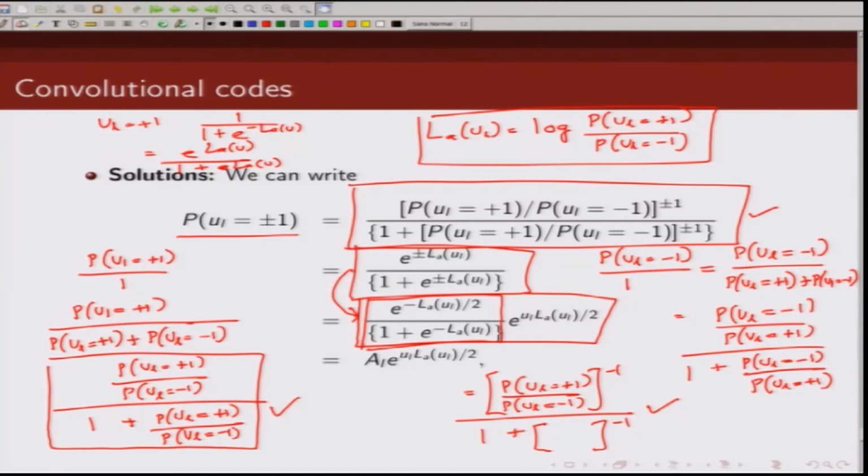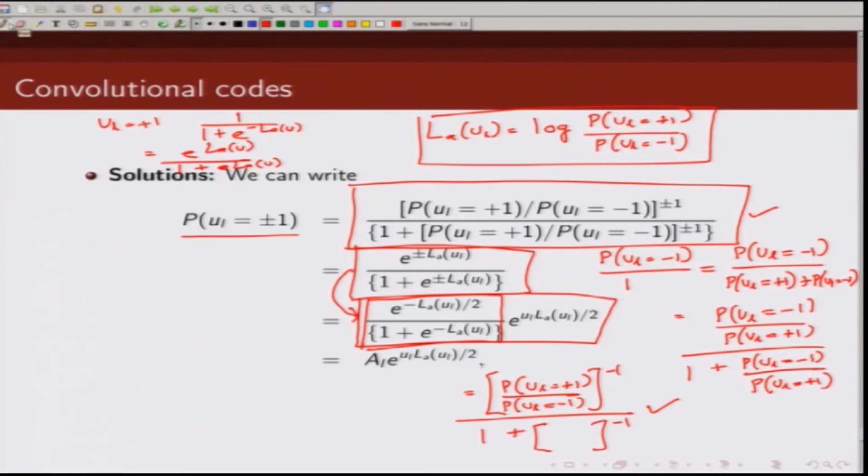Let us make some space. I can simplify this term as e raised to power minus L_a(u_l) by 2, and I have e raised to minus L_a(u_l) by 2. This is e raised to power L_a(u_l) by 2 plus e raised to power minus L_a(u_l) by 2.